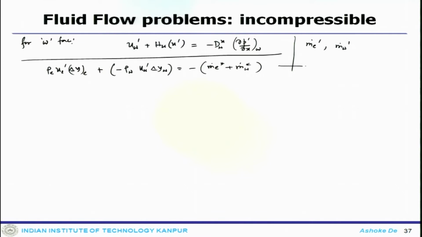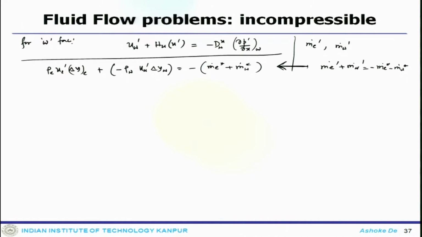So, the equation which was used here is essentially m e prime plus m w prime equals minus m dot e star minus m dot w star. So, that is how it gets you back to the modified form.